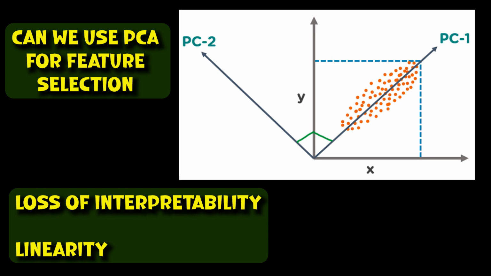In contrast, feature selection methods like filter or wrapper methods retain the original features and are more interpretable. Second point is linearity. PCA is a linear technique, which means it assumes a linear relationship between the original features. These assumptions may not hold for all datasets. Feature selection techniques do not make such assumptions and can be used with linear or non-linear models.